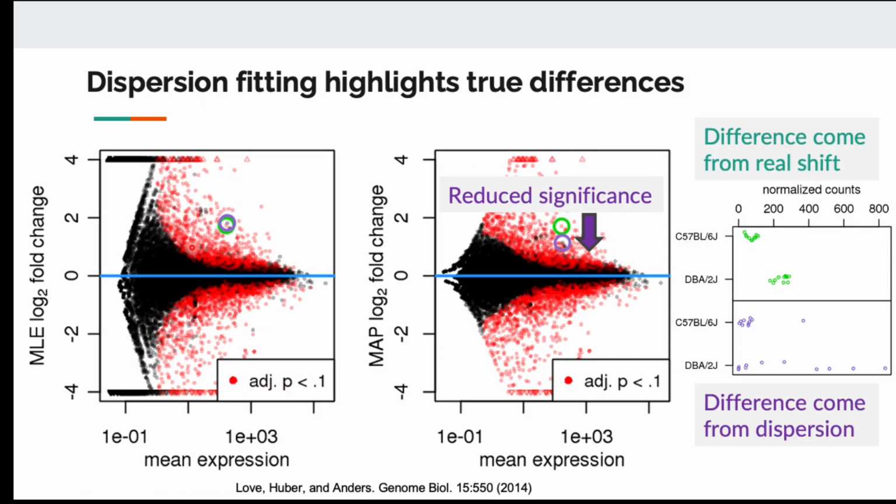But what we can see is the effect of using the Bayesian idea to improve the estimate for the variance. So if we trust the variance from the graph as it is, these two genes are going to have the same p-value, the same fold change.